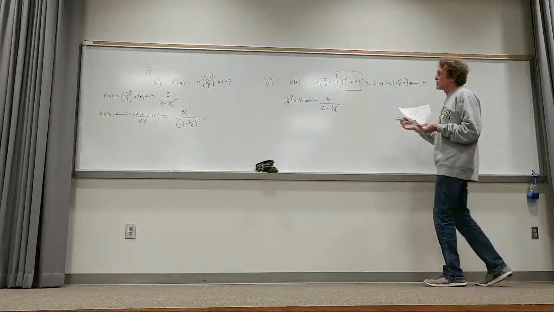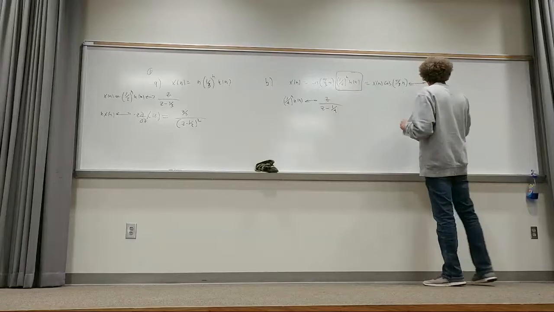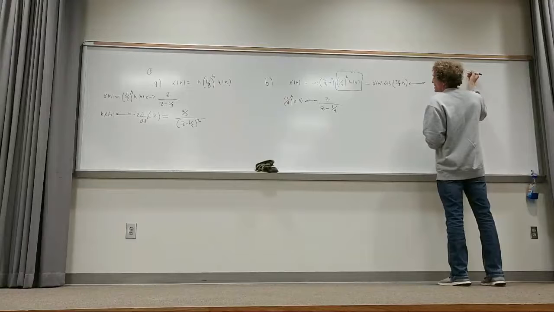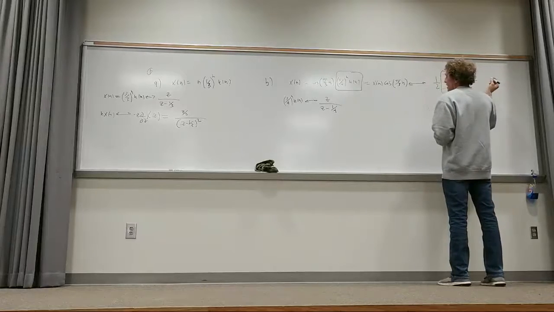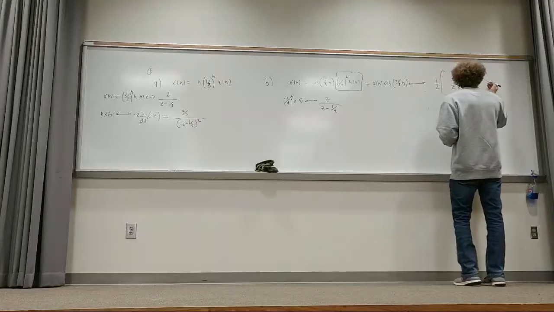And the omega is going to be the pi over 3. Is that clear, class? Is everybody with me? So now you're going to have a z times e to the j pi over 3 over z times e to the j pi over 3 minus 1/4. This is one way to do it.